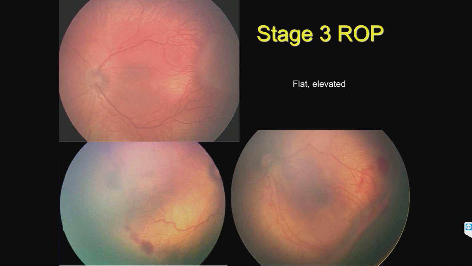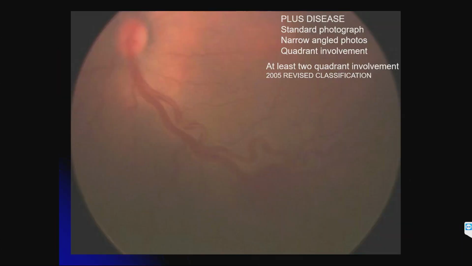The importance of flat new vascularization is greater now with the new definitions like hybrid ROP and APROP. The problem with plus disease in the previous classifications was that it was all based on standard photographs, and most of these were narrow-angle photographs or quadrant involvement. In fact, the previous revised classification talked about 2-quadrant involvement to call a disease plus disease.